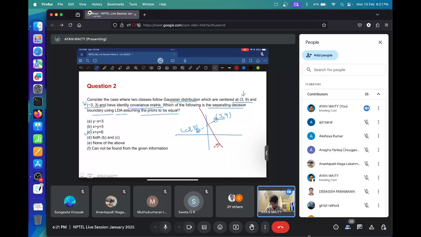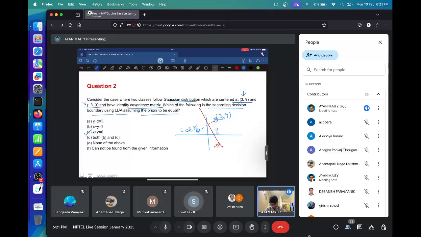So this red straight line represents the perpendicular bisector of the line segment joining the two centroids 3,9 and minus 3,3, and that is the separating decision boundary in case of LDA. So we just have to find out the equation for this perpendicular bisector.